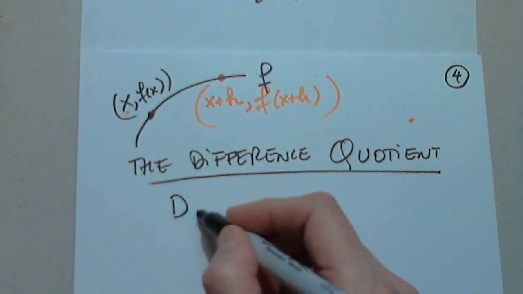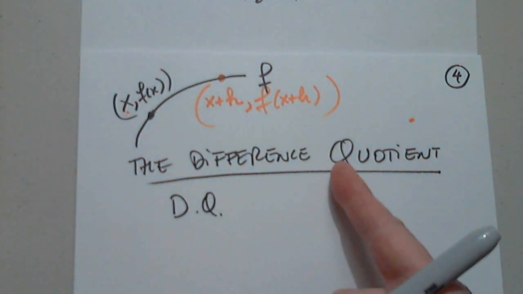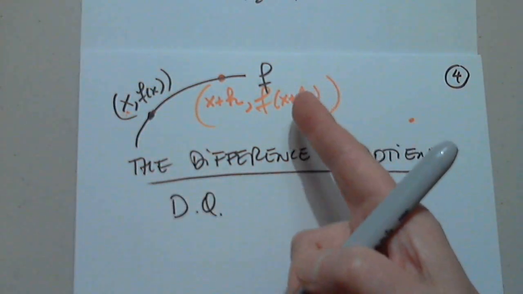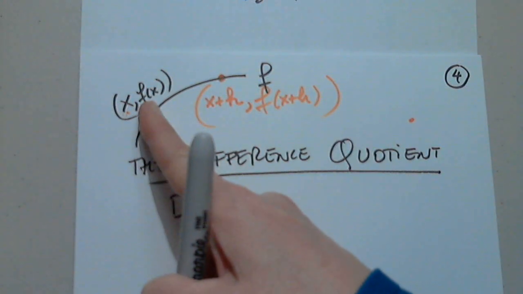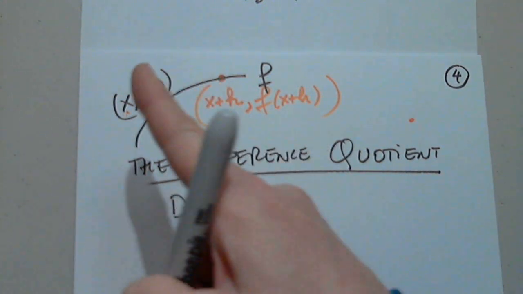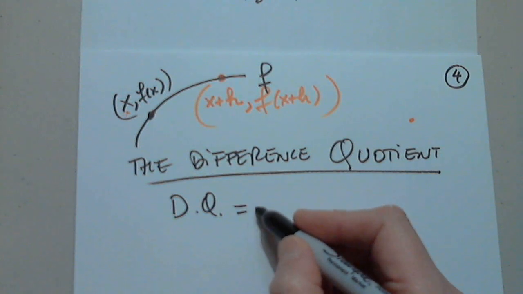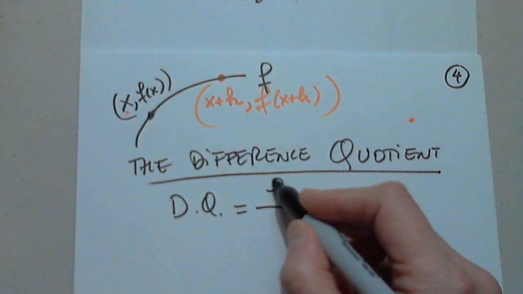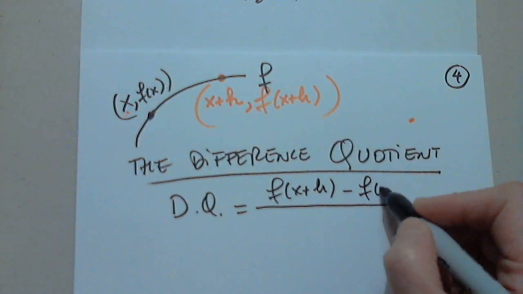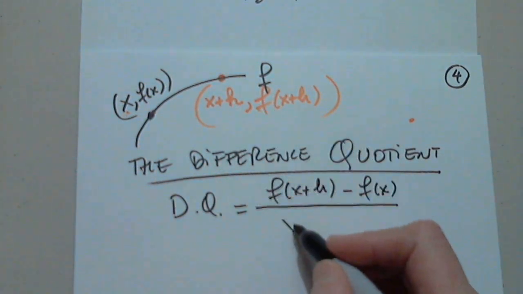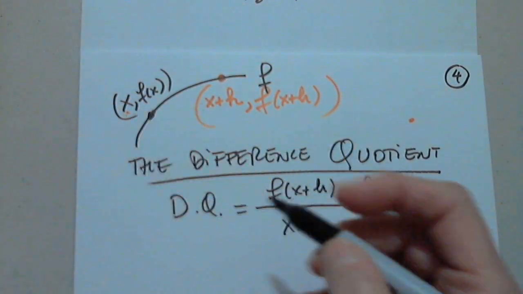So then the difference quotient, dq, is, same thing, f of x plus h minus f of x over x plus h minus x. Same formula, same slope. F of x plus h minus f of x divided by x plus h minus x.